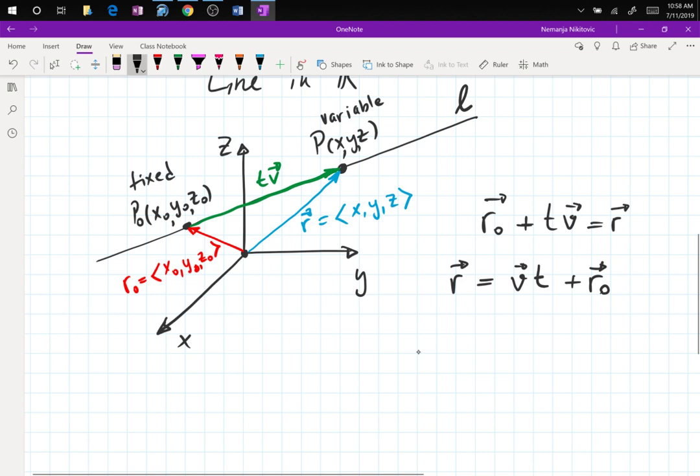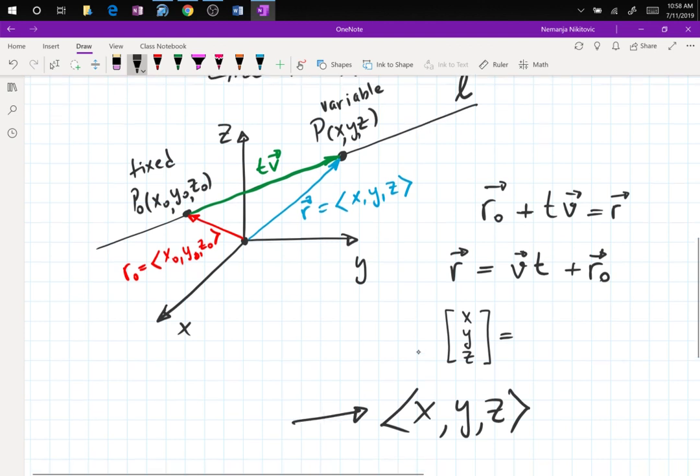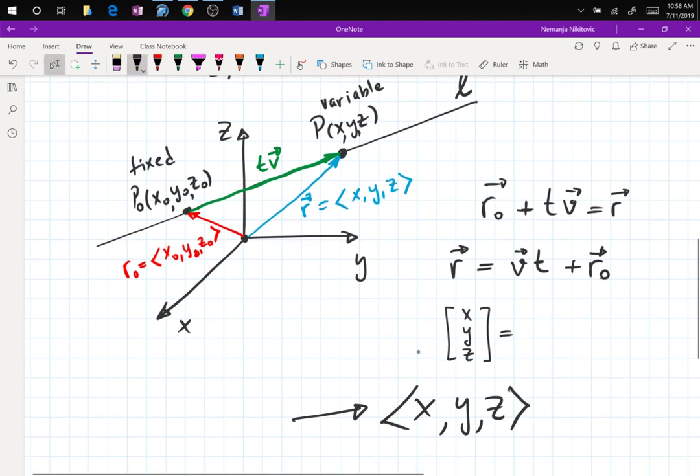So you can write your vectors as a stack, x, y, z, rather than writing them like this, x, y, z, right? This one over here is a row vector, and this one over here is called a column vector because they are arranged in a column. It's the same thing, it's just the way we write them.